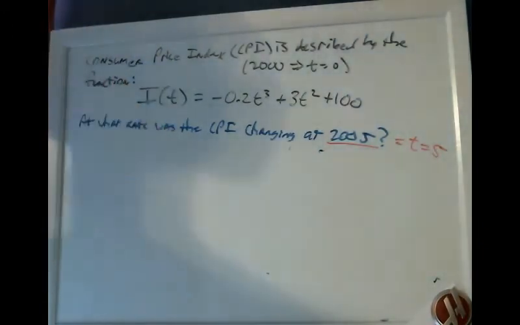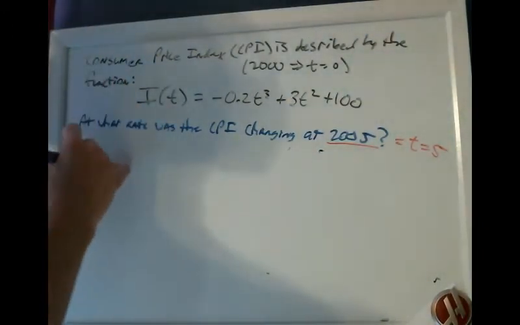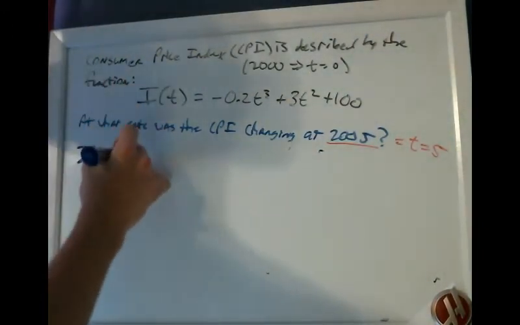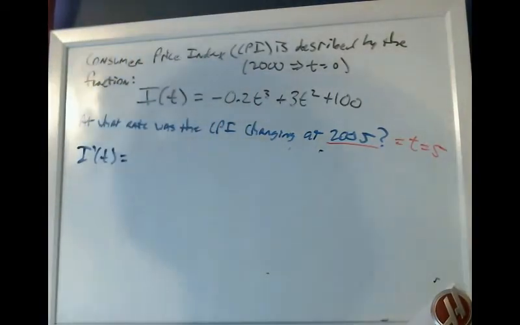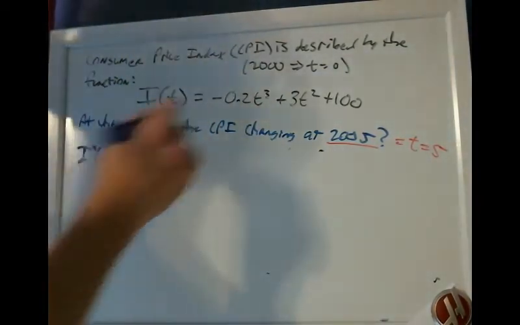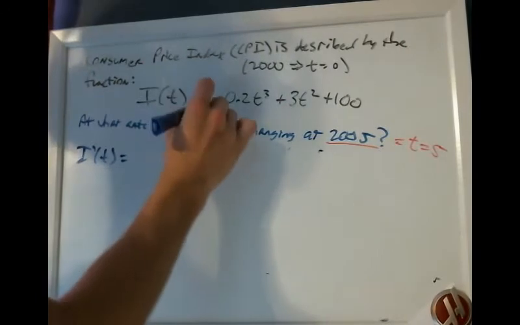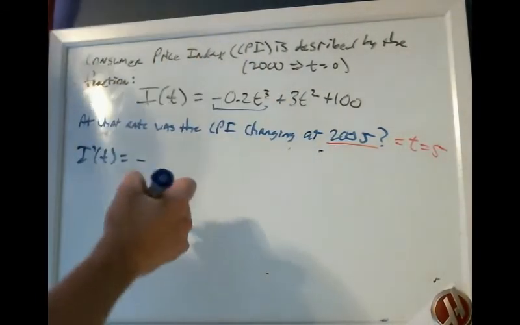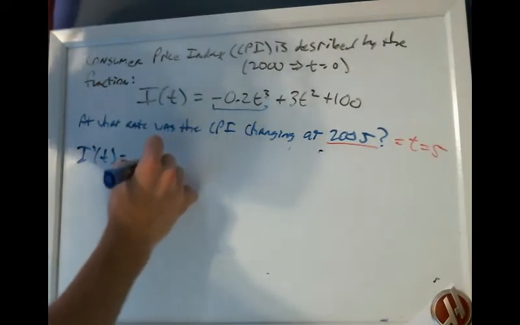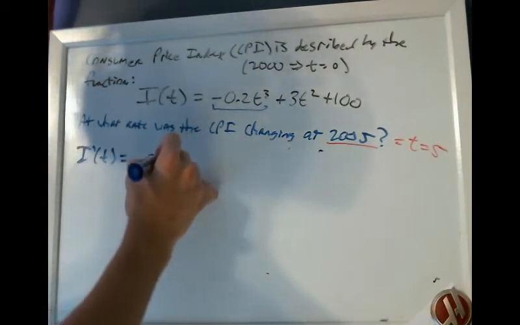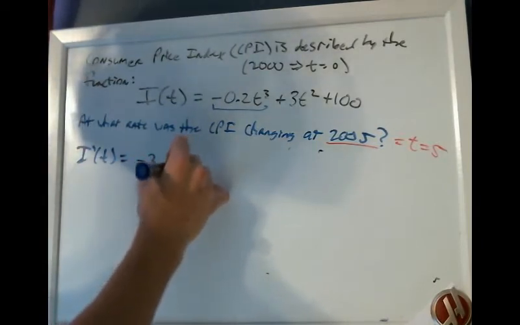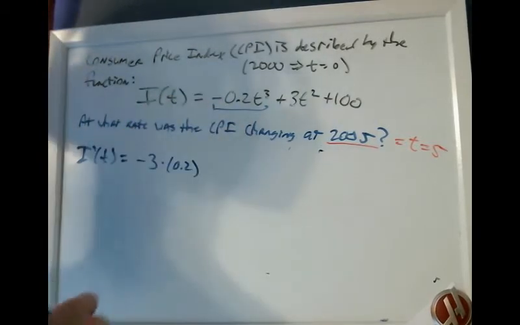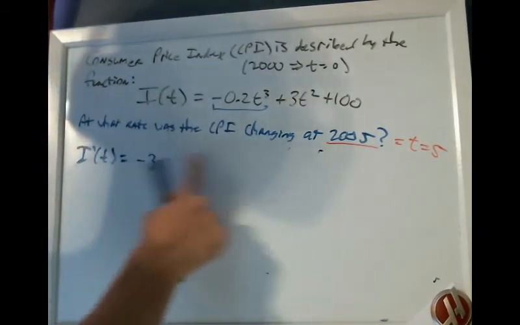So, since we're required to find the derivative here, I prime of t is going to be just simple use of the power rule. So the first term here, we have a negative stays put, power comes down, 3 times, let's not forget the 0.2. Well, let me rewrite that. That's a little confusing.